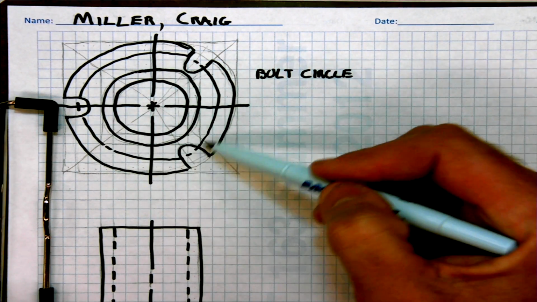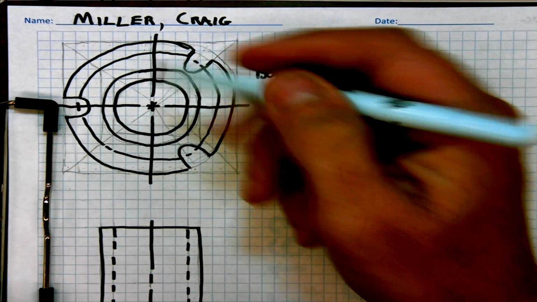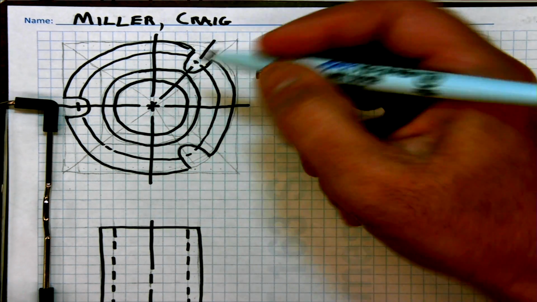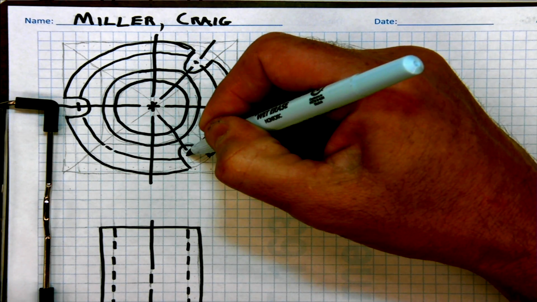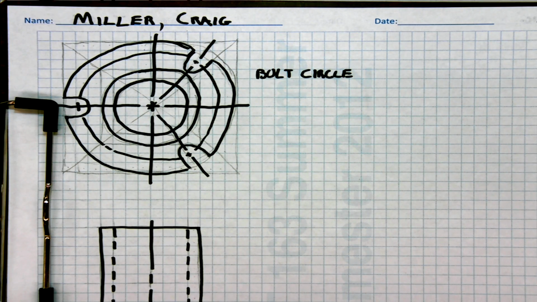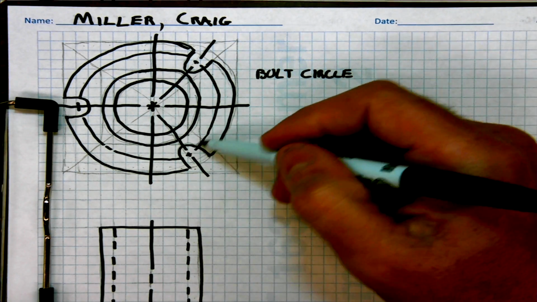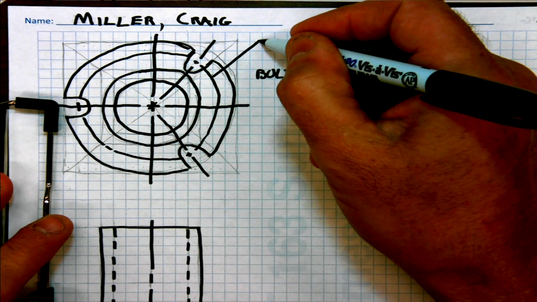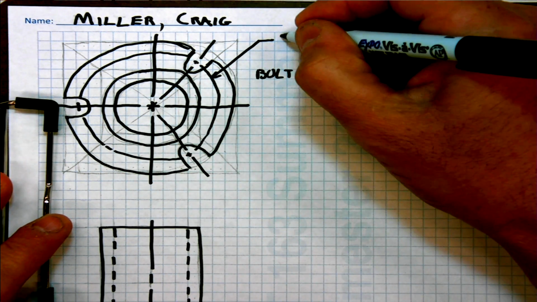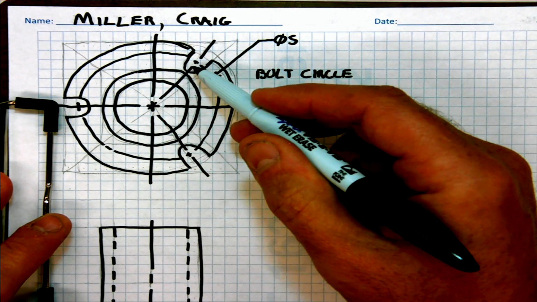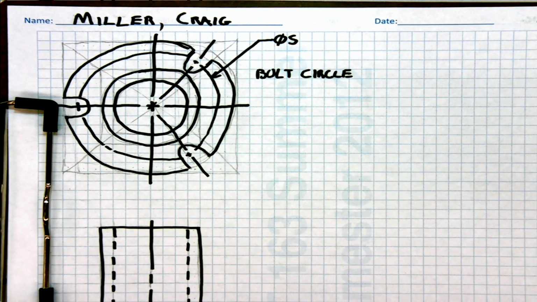It's a circle, it's a center line, and it's used to place, to locate holes. In other words, you would give a diameter of some value for this bolt circle, and that would tell you where these bolts would sit, 120 degrees apart and so on. So again, this center line is called a bolt circle.